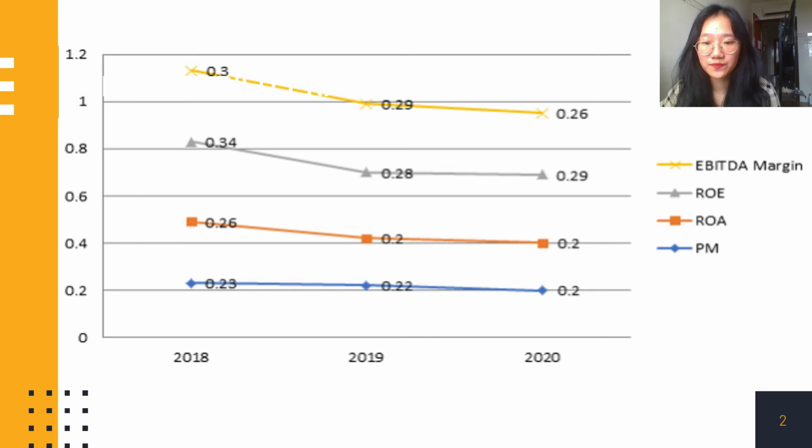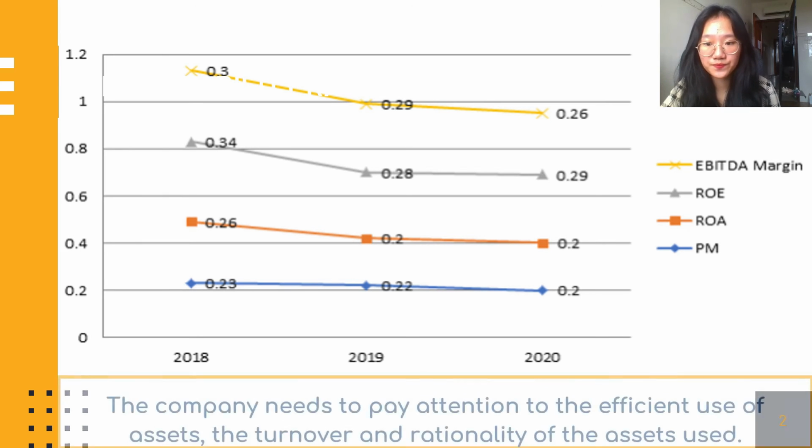However, the ratio of return on equity has a mild downfall from 0.34 to 0.27. Overall, the company needs to pay attention to the efficient use of assets, the turnover, and rationality of the assets used.